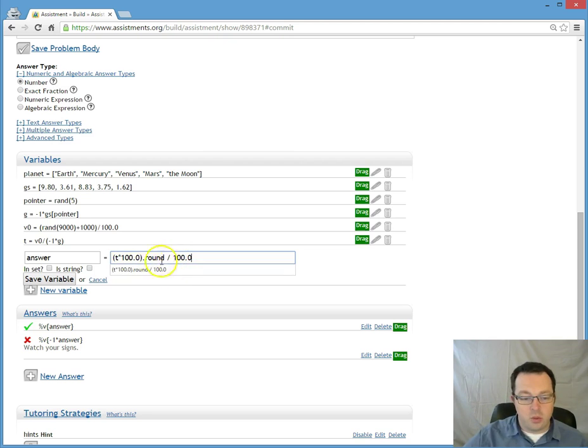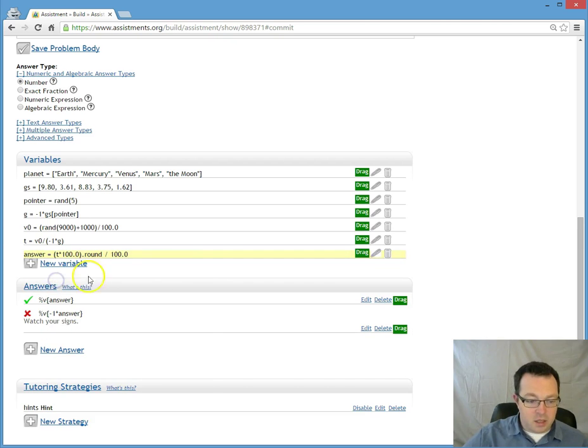So since I want 2 decimal places, first I'm going to take my t, multiply it by 100.0. That's going to get it to the right place, so it rounds, and then we'll divide by 100.0 to undo that multiply. Sounds a little bit weird, and yeah, it is, but that's the way we have to do it.